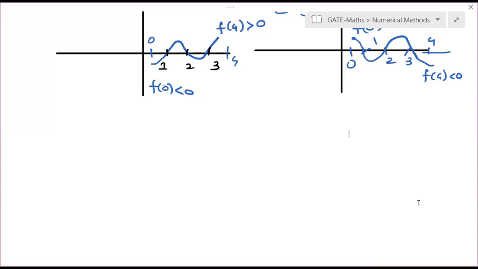Now, let us see other methods for linear and non-linear equations. Those are bisection, regula falsi, and secant method. So let us see the bisection method first.